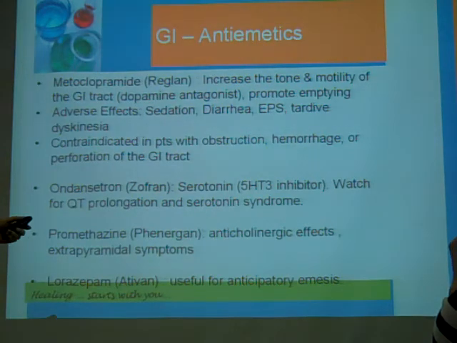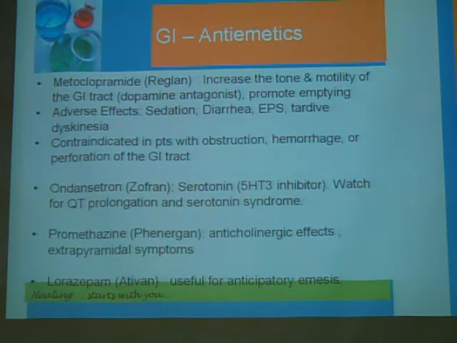There are different receptors in the body. When our body senses there's a foreign substance, it wants to get it back out, and that's where serotonin plays a role. This blocks that effect. It's called ondansetron, or Zofran. So it works by that route.